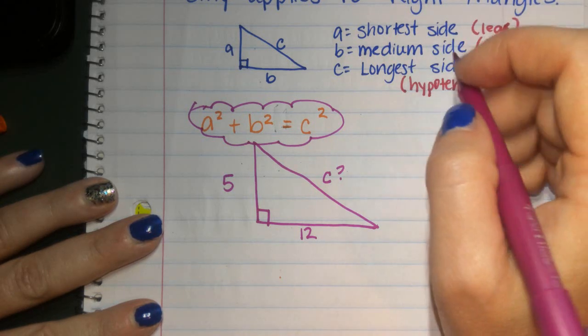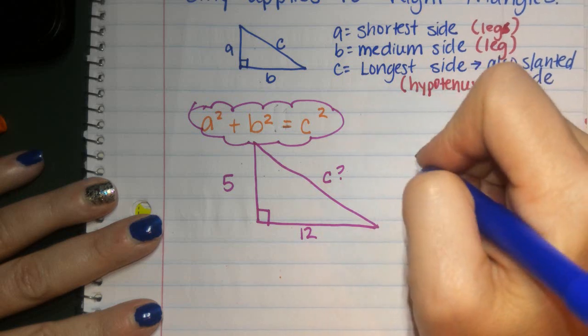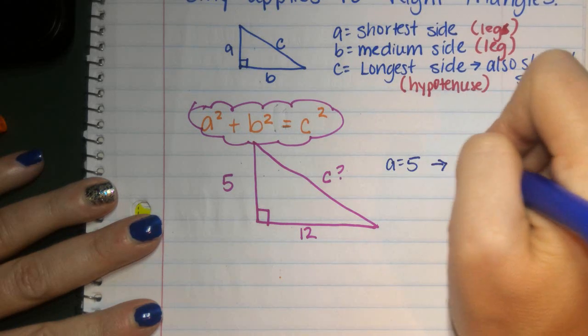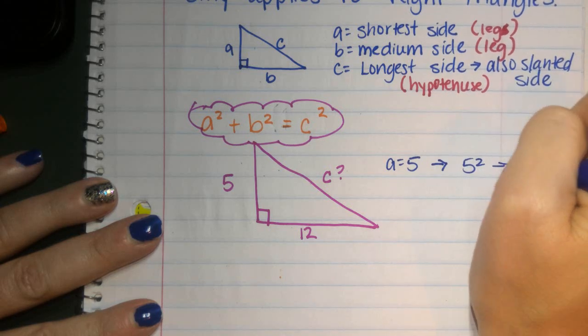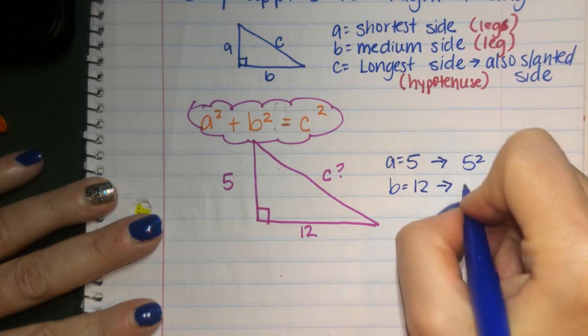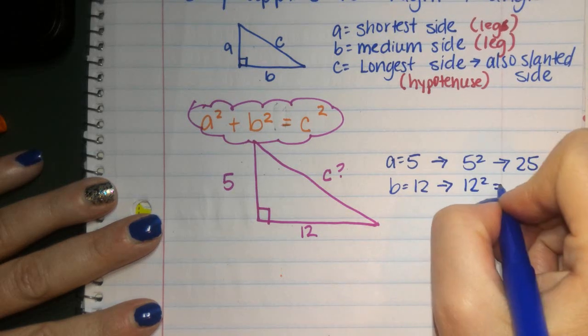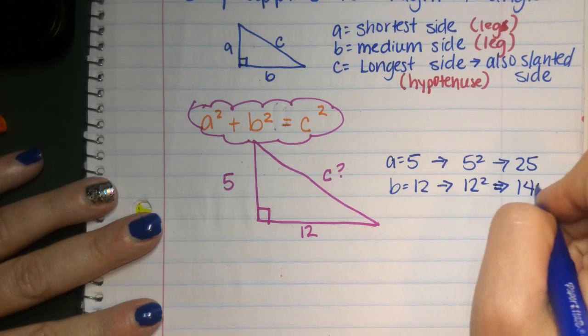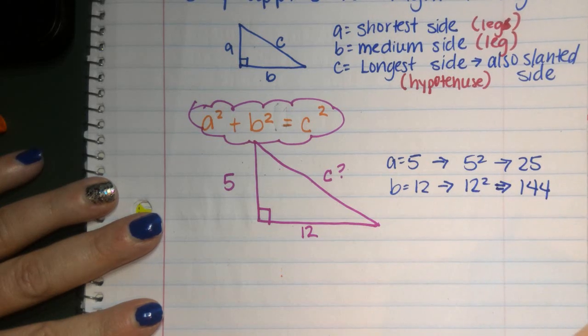Okay, so A squared plus B squared equals C squared. Well, A is 5, so we're going to square that. 5 squared is going to equal 25. B is 12. 12 squared equals what? 144, right? 12 times 12.